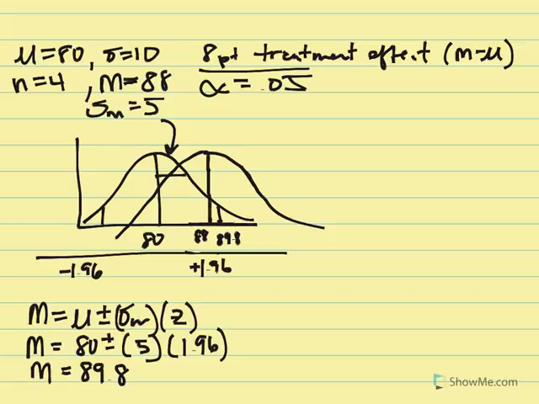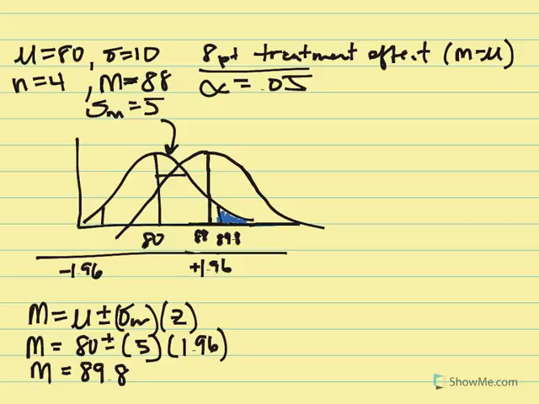And so again, this little blue area was the critical region for the original distribution, right? If there's a treatment effect, our sample mean would have to reside in that area. And now, given this idea that if the treatment did produce an 8-point treatment effect increase, then our new population mean would equal 88.